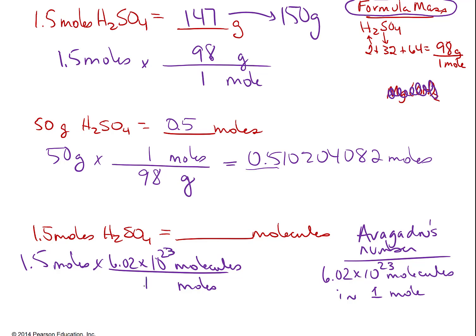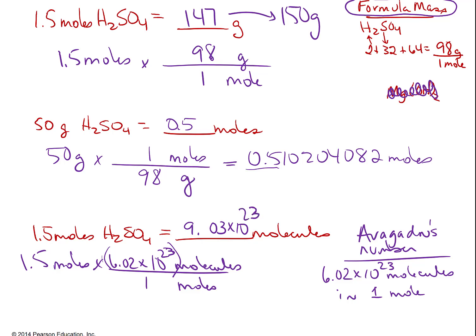Now in this, putting it in your calculator, if you're using a graphing calculator, do make sure that you use parentheses. That's going to make sure that that exponent stays together. If you're using the old school calculators, you can use the EE button and you don't have to use parentheses in your value. So I got 9.03 times 10 to the 23rd.